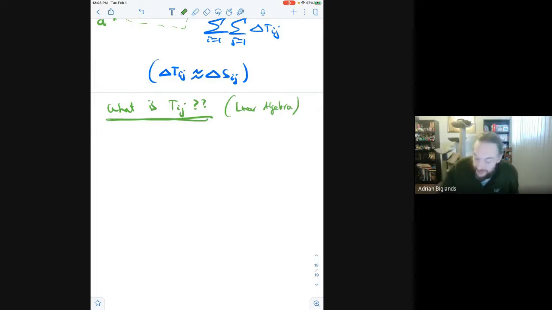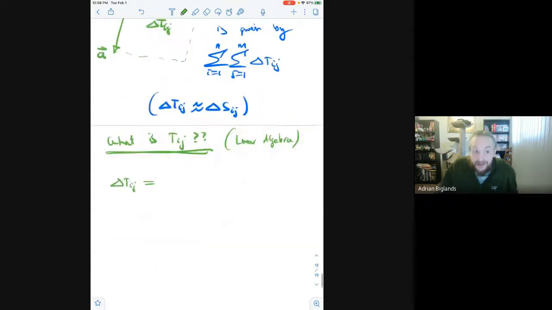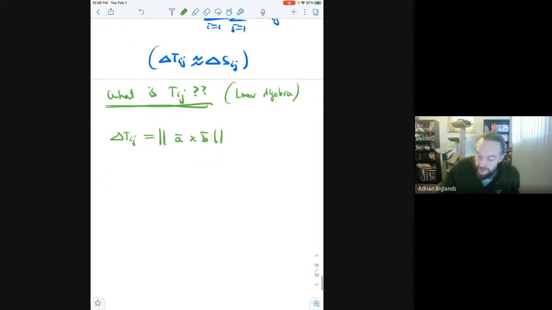We have to use linear algebra. Cross product, etc. Delta Tij, if you have two vectors A and B, is equal to the norm of the cross product of A and B. But A is equal to, when we look at this, delta x i plus 0 times j plus delta x fx, the partial derivative, times the vector k.